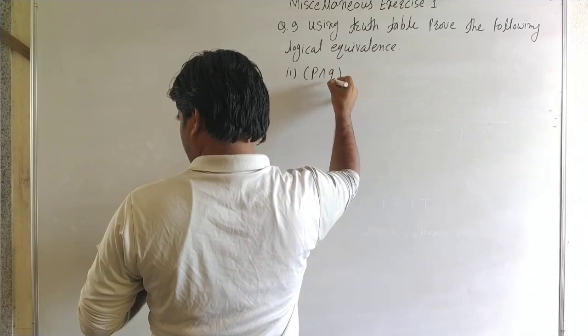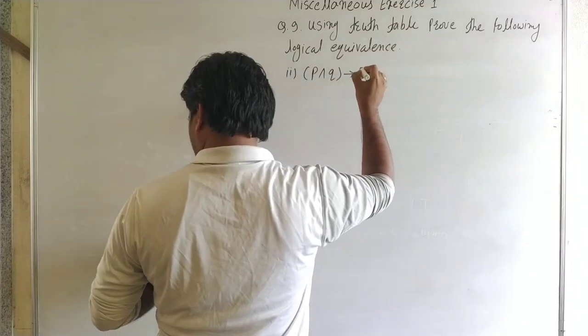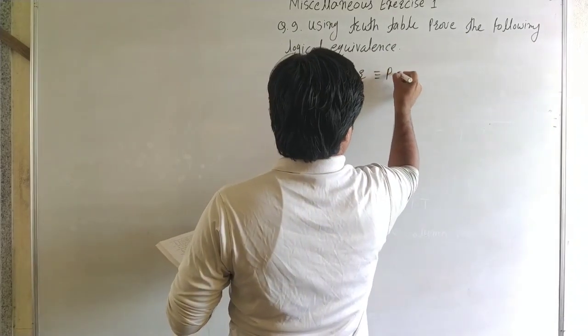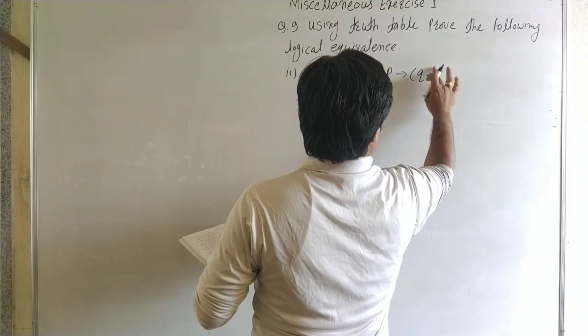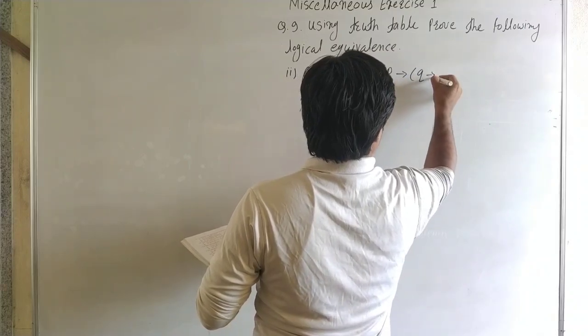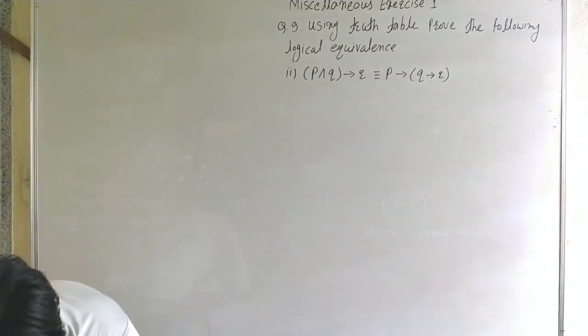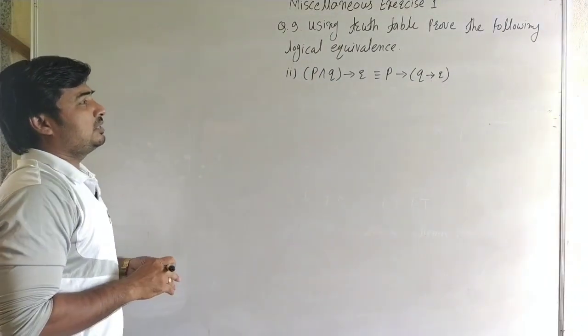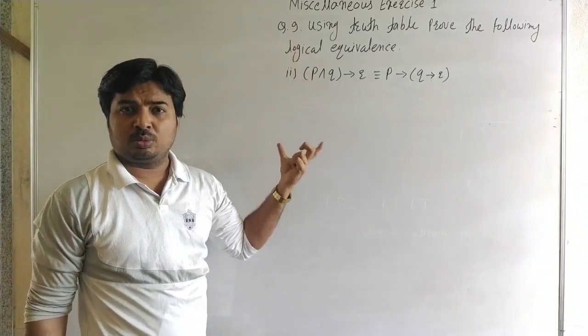P and Q implies R is equal to P implies (Q implies R). Now there are three statements, so there are 8 possible combinations.